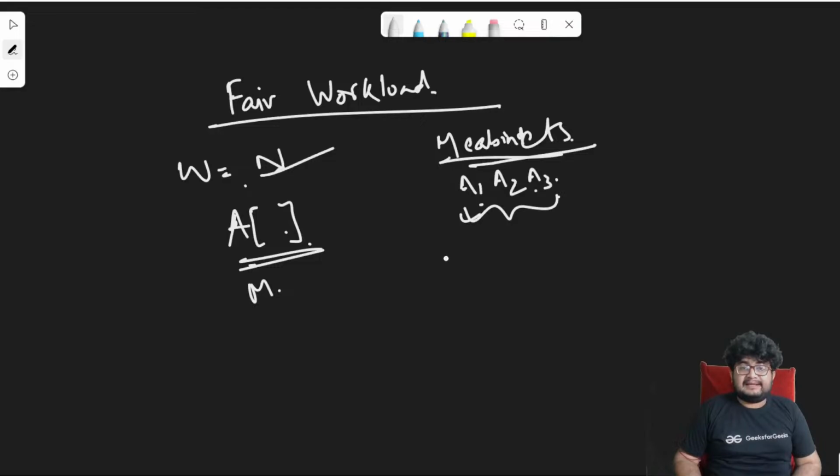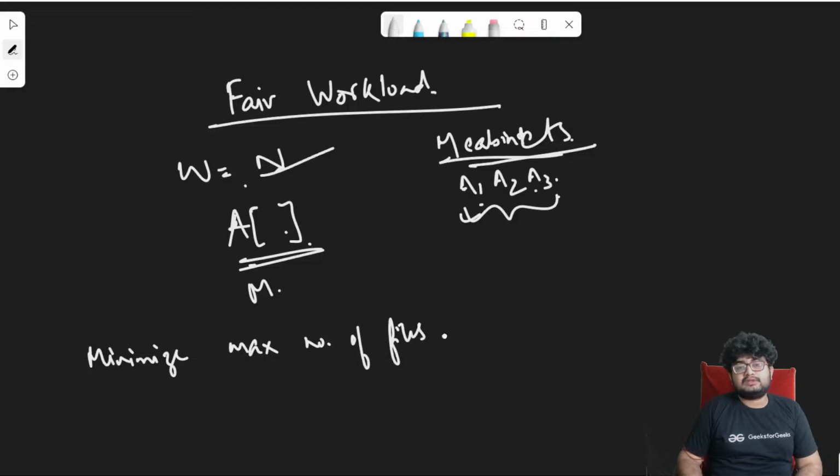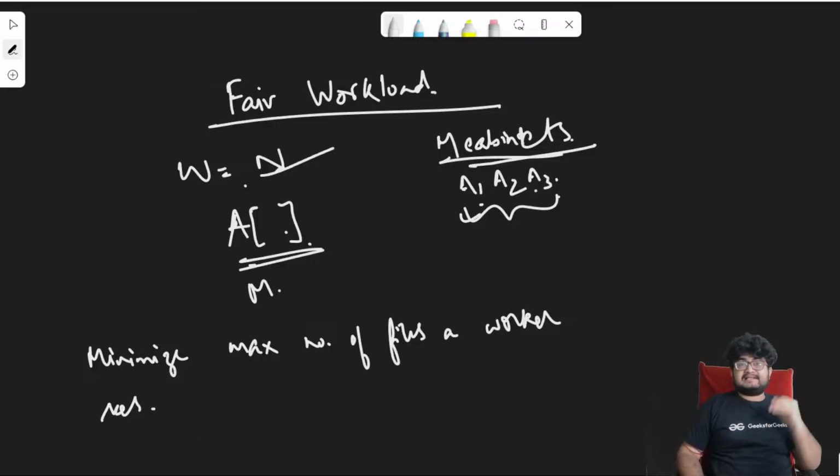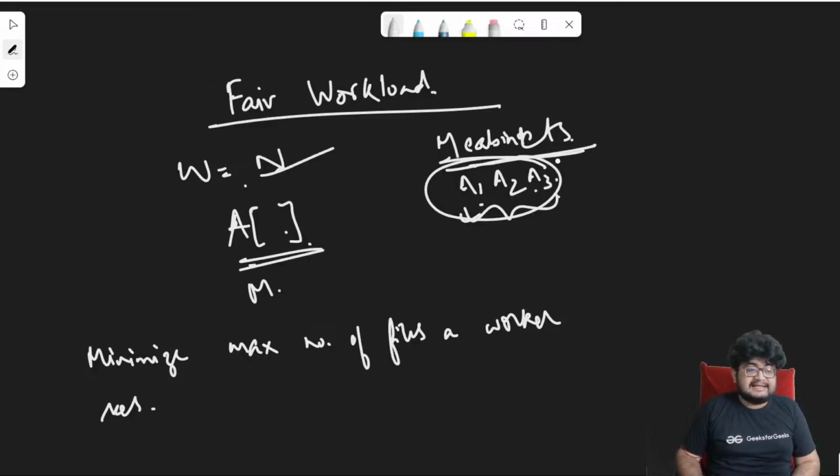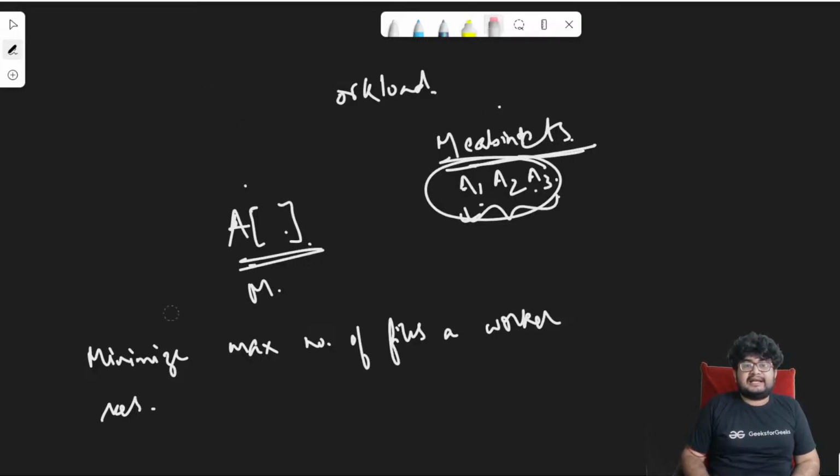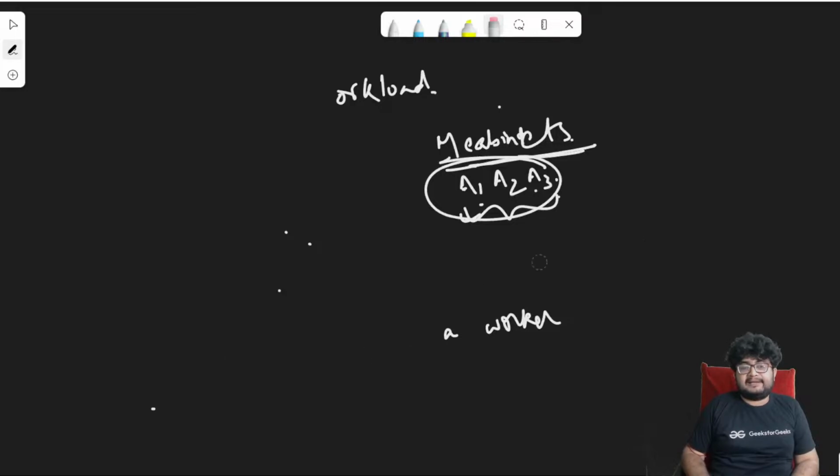What you have to determine is to minimize the maximum number of files a worker sees. There are m cabinets and each worker will see a continuous segment of cabinets. Let's take an example here.